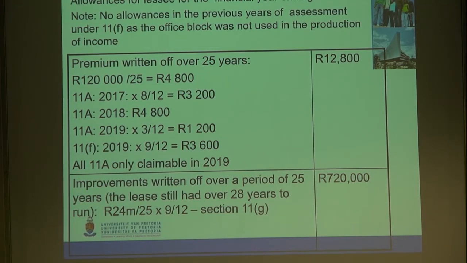But I'm splitting it and I'm saying for the first 3 months, I'm claiming it under Section 11 Cap A, pre-trade expenditure. And for the last 9 months, I'm claiming it under 11F. Right, and now for the rest of time, I can claim it under 11F because I am now trading. So spread over a period of 25 years, I will claim the full 120,000 Rand.